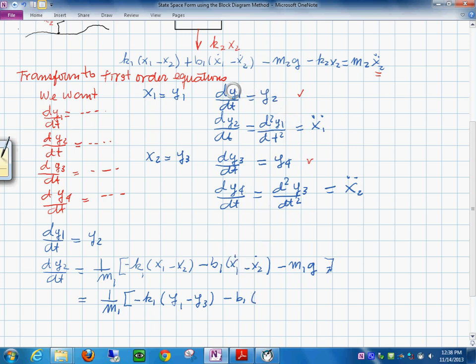X1 dot is this one. X1 dot is y2 in here. And then what's x sub 2 dot? X sub 2 dot is y sub 4, see? Because y sub 4 is dy sub 3 dt, in other words dx2 dt. So this would be minus y sub 4. And then you have minus m1g like this. Okay?